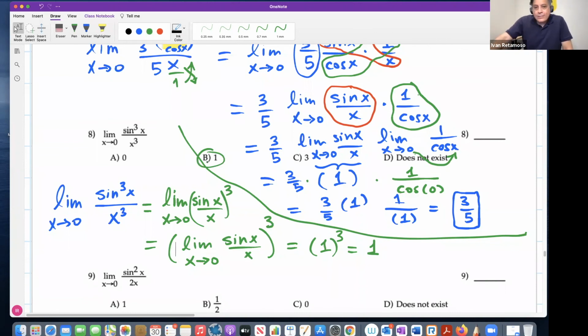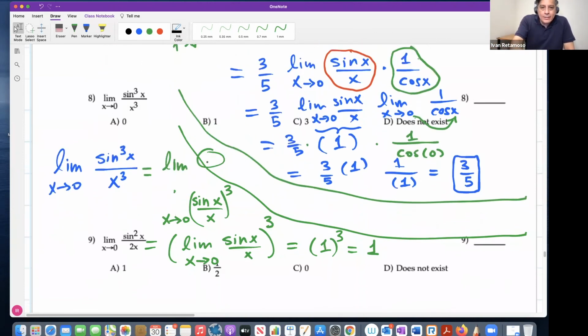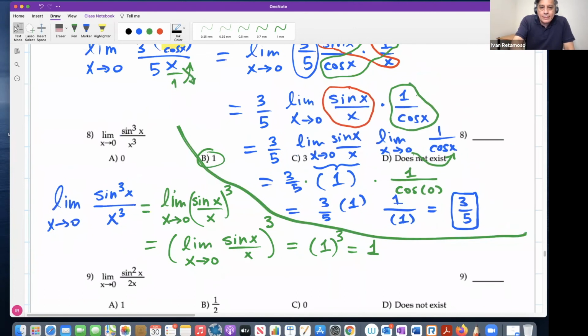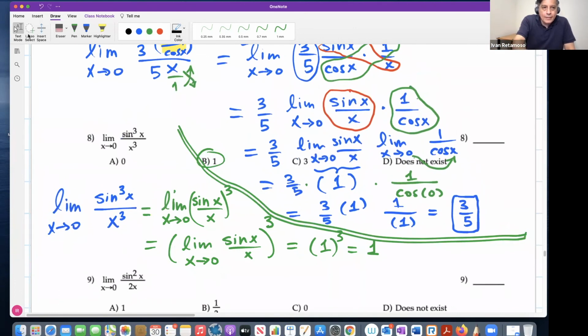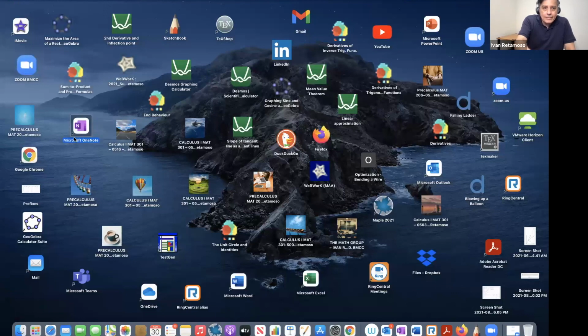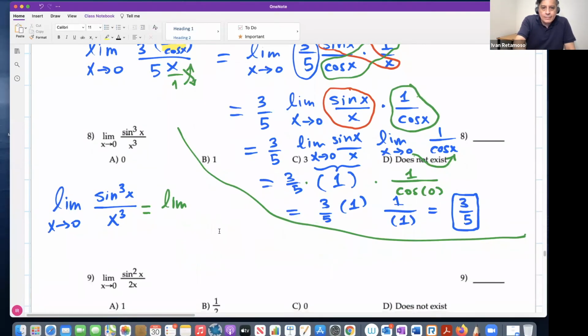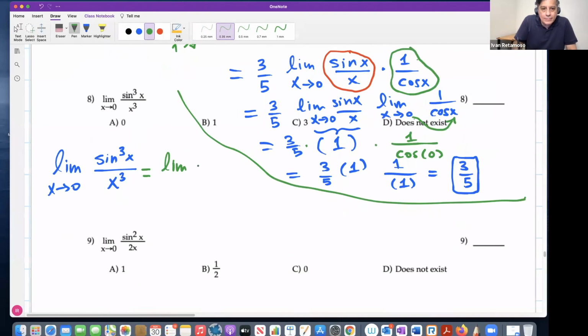Number 9, try it and see if you can figure this out on your own, okay? Let me just put this back and then we will finish with that. Let me rewrite it again. Sine of x over x as x approaches 0, cubed. And then we put this limit inside the cubic function.